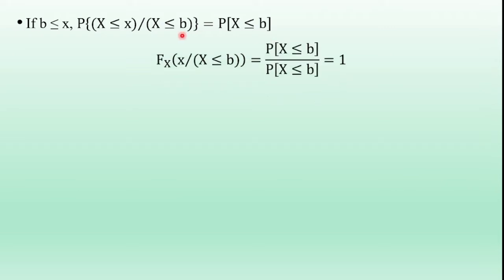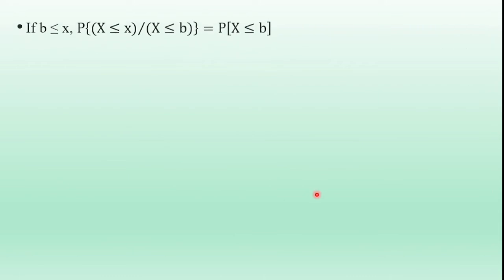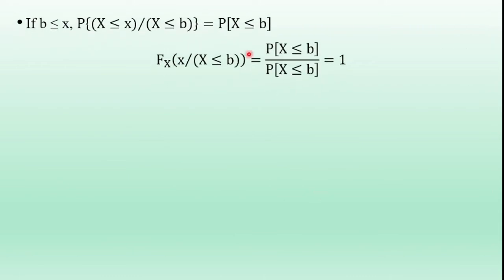Applying that condition, the numerator is probability of X less than or equal to b.